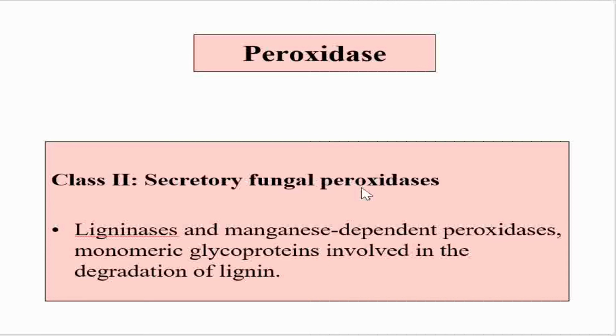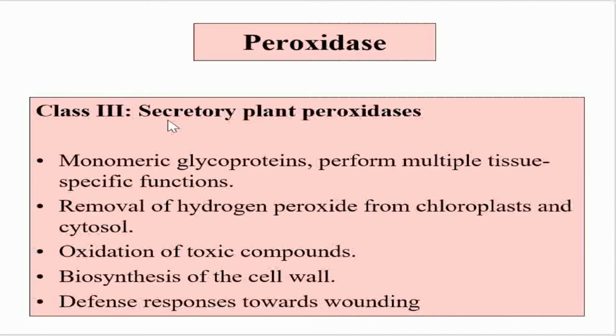The second class of peroxidase is the secretory fungal peroxidases. Examples are ligninase and manganese dependent peroxidases. These are monomeric glycoproteins that cause the degradation of lignin. The third class of peroxidase is the secretory plant peroxidase. These are again monomeric glycoproteins that perform multiple functions in tissues.